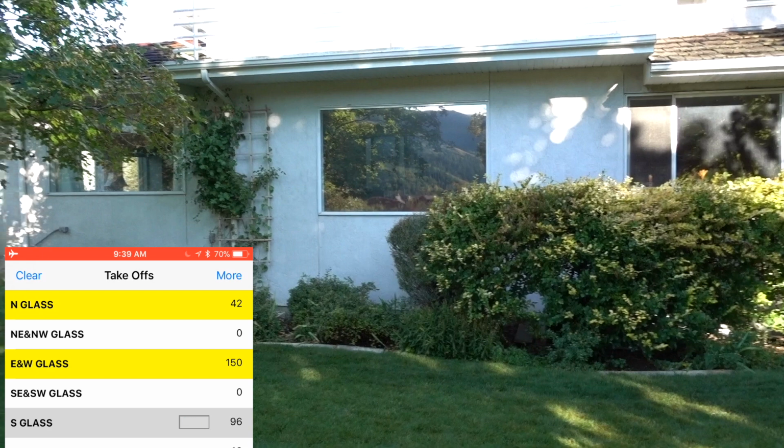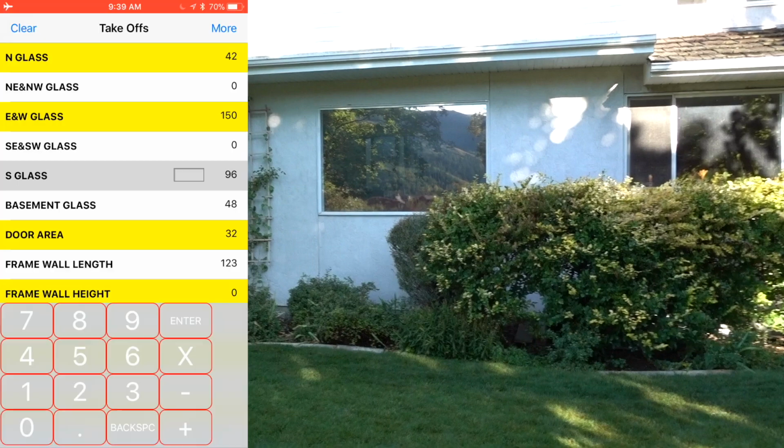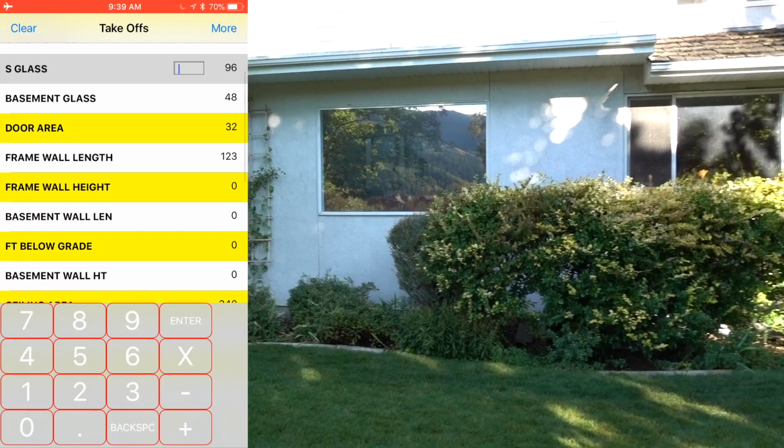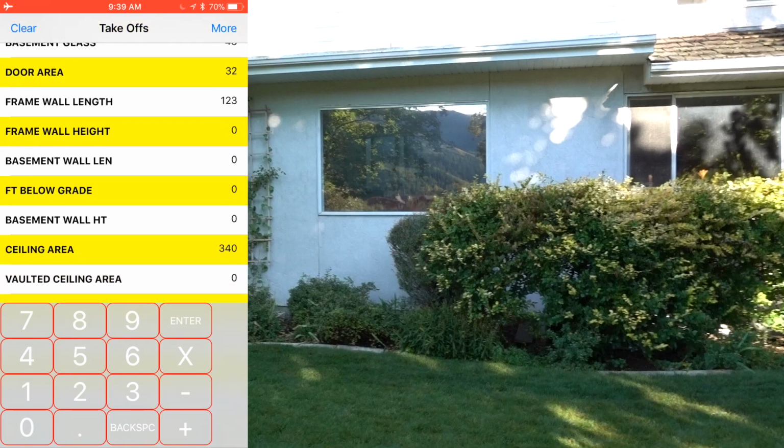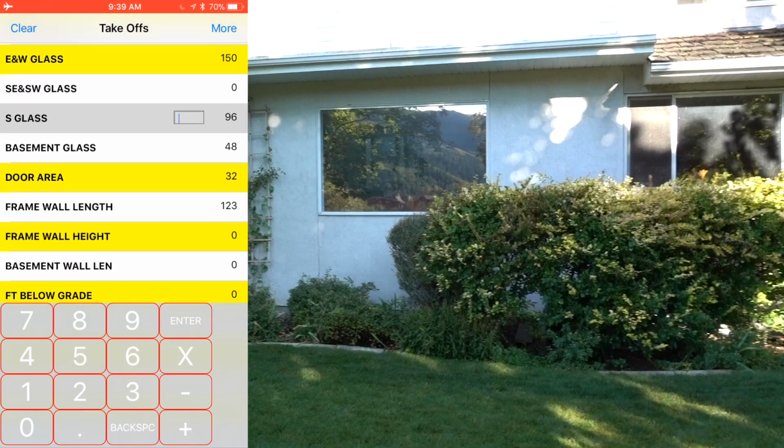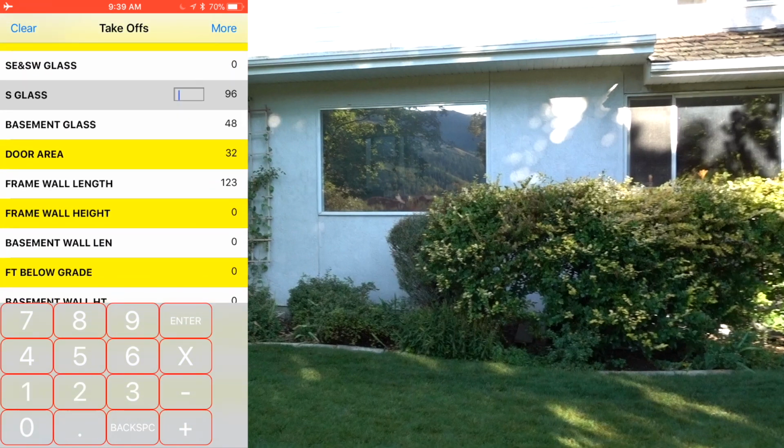And then I want to make sure I get any basement glass that exists on this side. And actually it looks like 2 basement windows. We have a 4 by 6. So go down here to basement window. 4 times 6 plus.